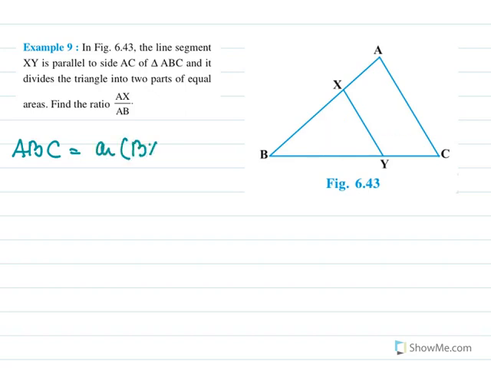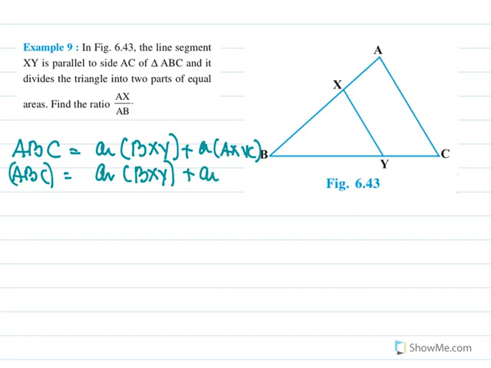So I say area BXY equals area AXYC. Now area of ABC will be equal to area of BXY plus BXY, because we know both the areas are equal.